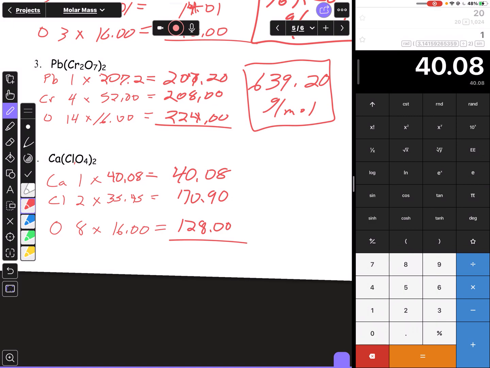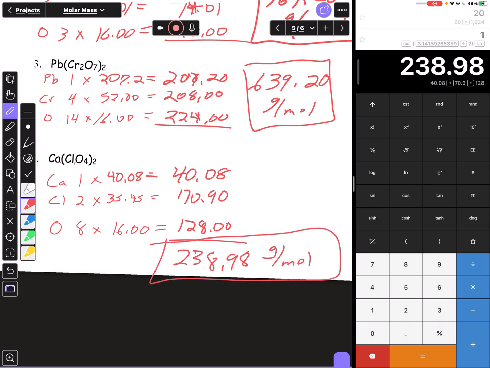Then I add all these up. 40.08 plus 70.9 plus 128 gives me, if I did my math right, 238.98 grams per mole. So 1 mole of calcium perchlorate weighs 238.98 grams.